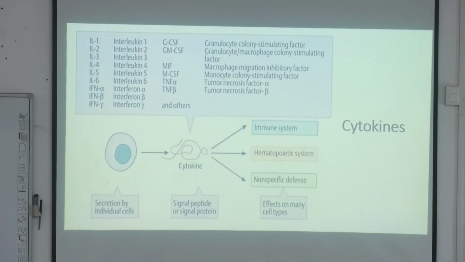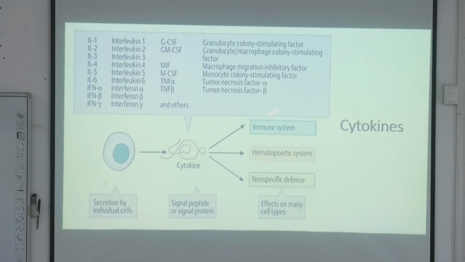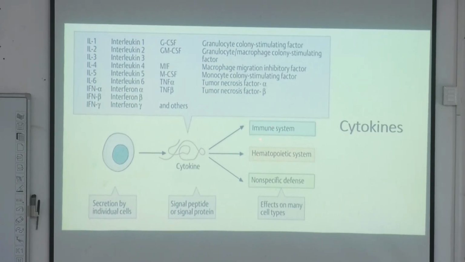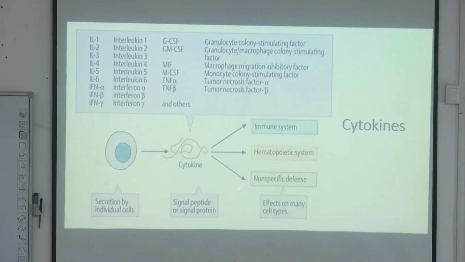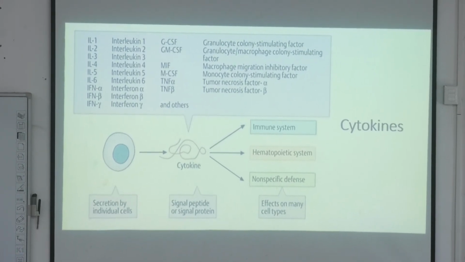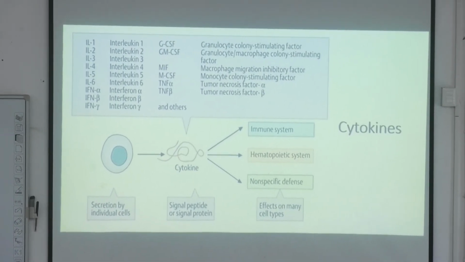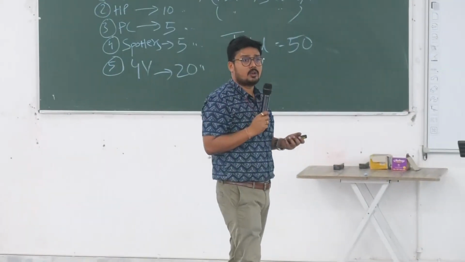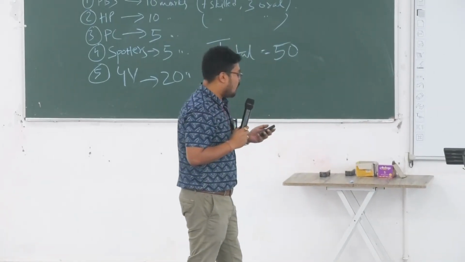The cascade never stops until the inflammation comes to an end. Among these, interleukin 1, interleukin 6, and tumor necrosis factor alpha are important in our curriculum as well as common day practice. So, what are their effects?